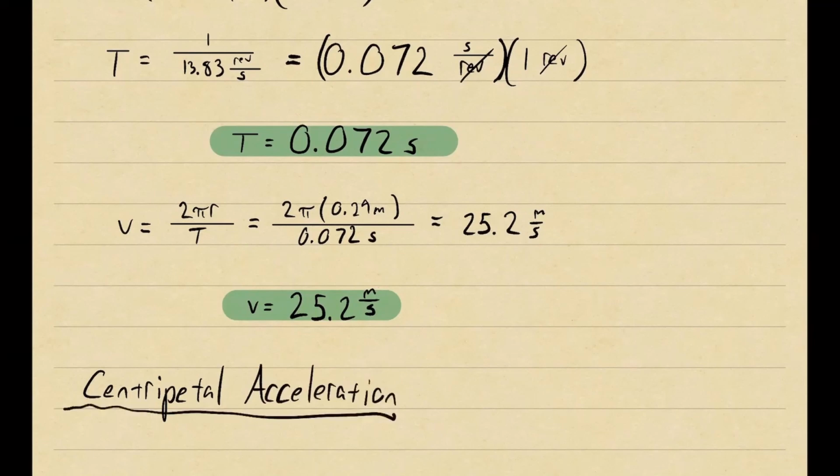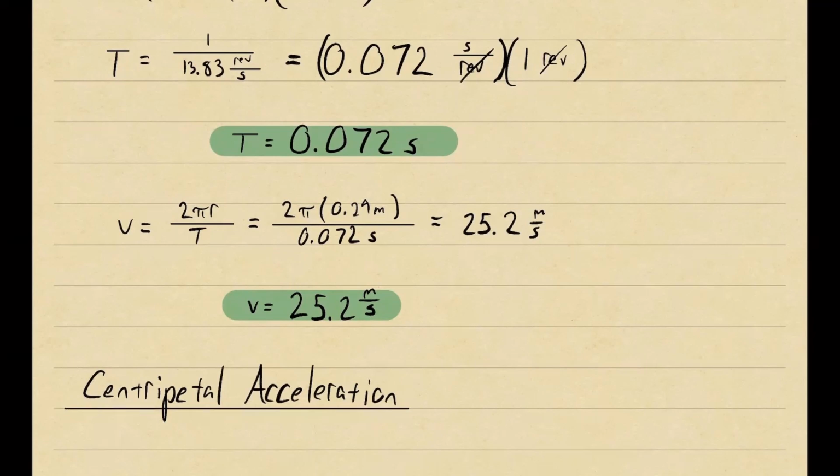Now that we've finished with that example, something that is deeply related to uniform circular motion is the concept of centripetal acceleration. So we figured out how fast an object must be traveling if it's traveling under uniform circular motion, that's v is equal to 2 pi r over T. But we also learned in the first 2 weeks of this course that velocities are only changed when the object experiences an acceleration.